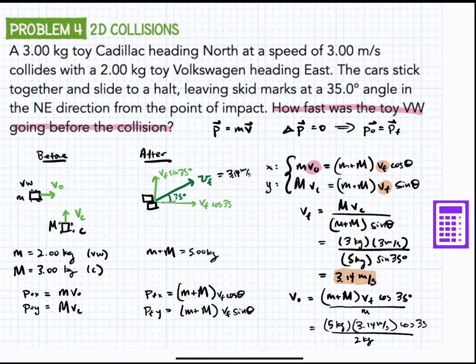And when you plug all that in, you get this value of 6.43 meters per second. And that is our V initial. So that is the initial speed of our Volkswagen.